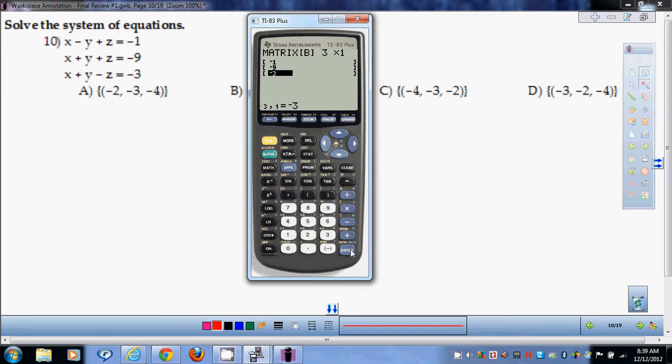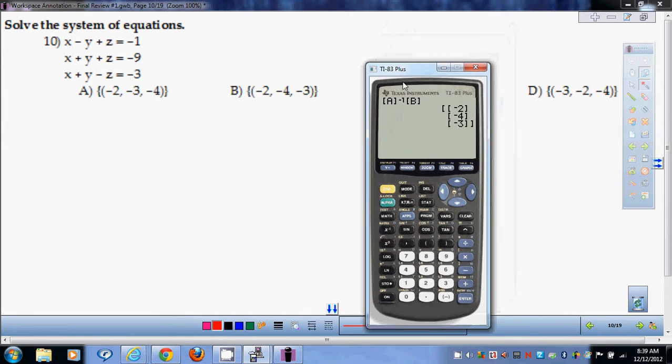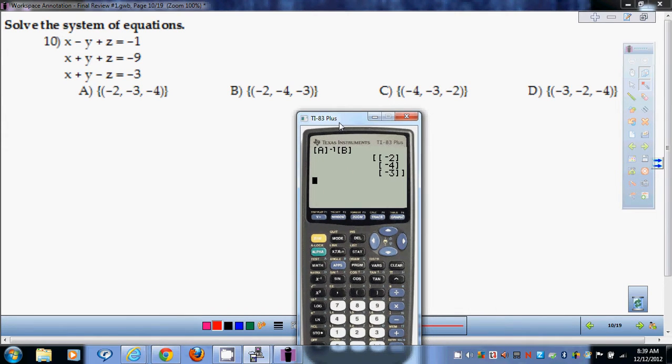If you remember, the whole point of breaking these down into matrices was, you know how if 3x equals 9, you just multiply both sides by the inverse of 3? Same thing. If we multiply both sides by the inverse of our original, so A inverse times our other side, that will give you your answers. Negative 2, negative 4, negative 3, and the answer is B.